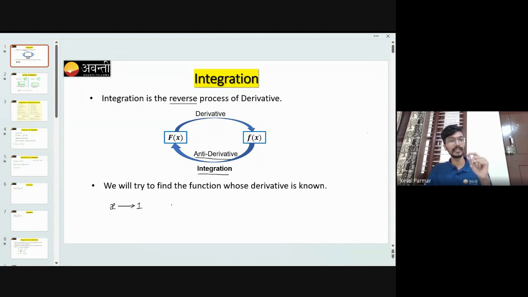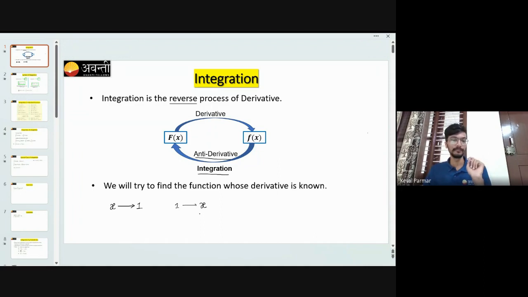So if someone asks me the antiderivative or integration of 1, we have to think in reverse: what function will I differentiate that will give me 1? If I differentiate x, I will get 1. So that means if I integrate 1, I will get x. This is the thought process.